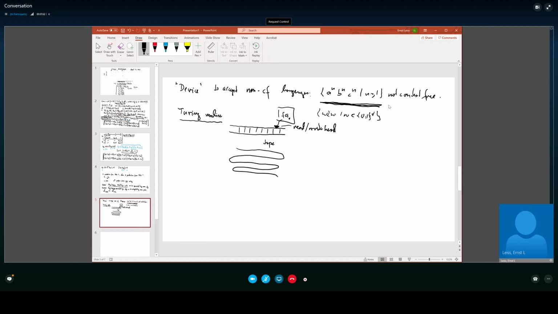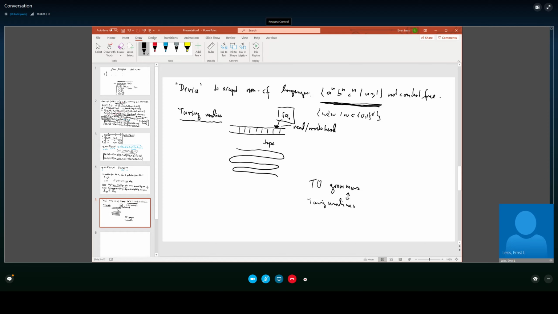Not yet. No, we won't. Don't worry. But if you want to, yep, they're type 0. They're called type 0 grammars. And they correspond to Turing machines, but in a complicated way. Not nearly as straightforward as push-down automata and context-free grammars.